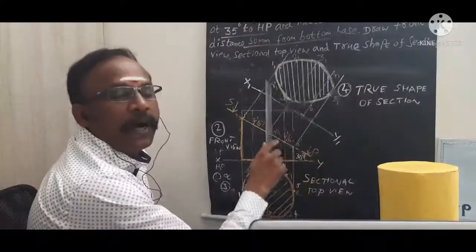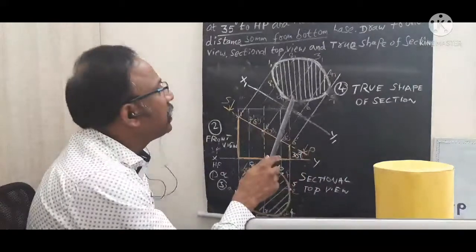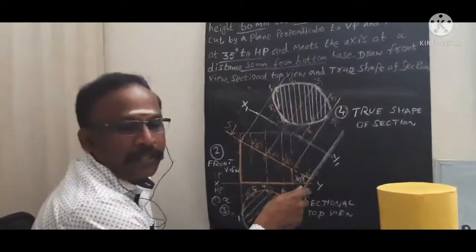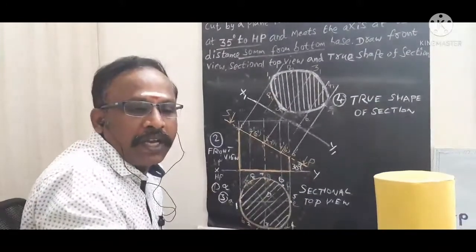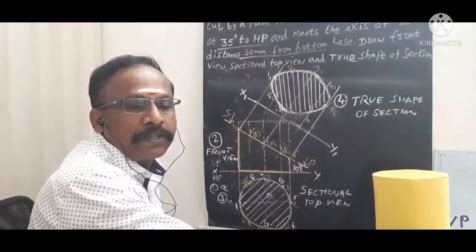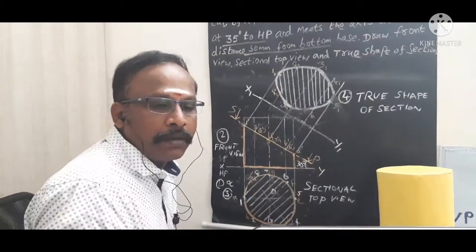We get the new points in this order. You need to join all these points, then we can get this true shape of the section. You need to draw this 45-degree line for representing your solid, right? For representing the true shape of the section. That's how I have completed this particular problem. Thank you.